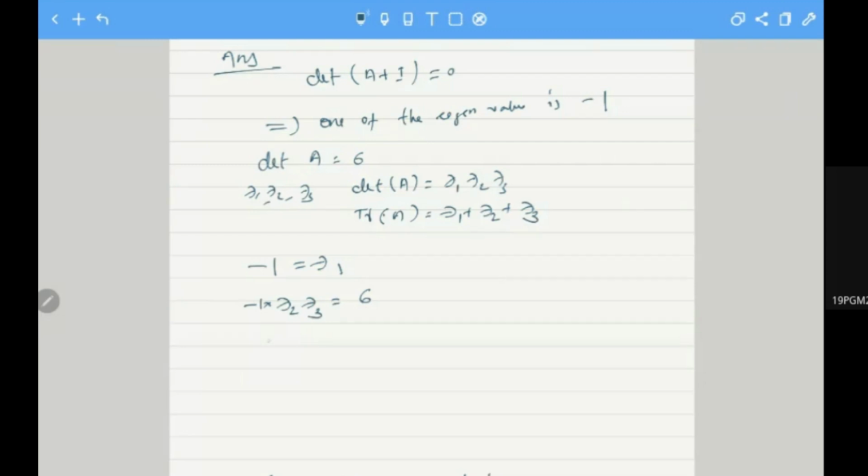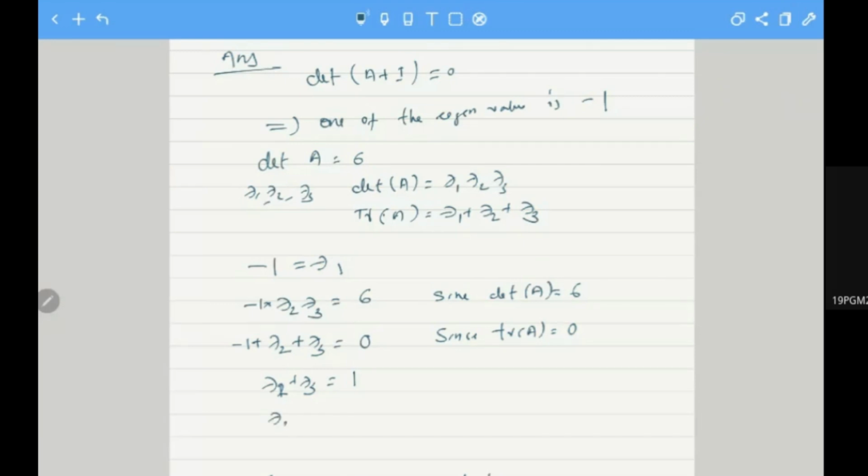So -1 times lambda2 lambda3 is 6. Also, -1 plus lambda2 plus lambda3 equal to 0 because trace of A is 0. That means lambda2 plus lambda3 equal to 1.